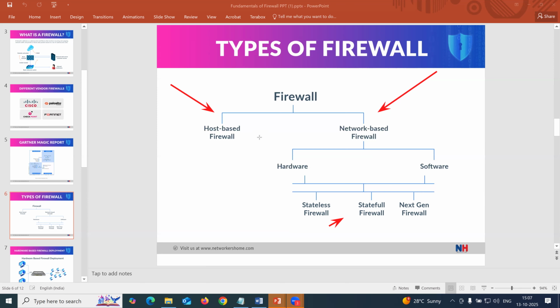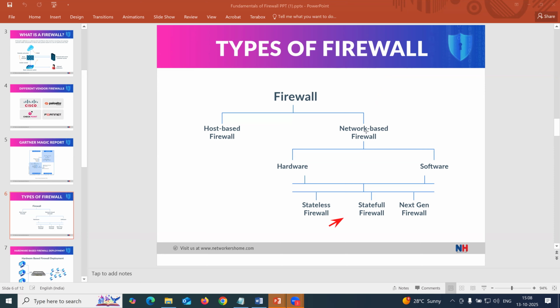Network-based means you deploy a firewall in a network, hardware or software, and that is fixed. Your PC keeps moving from office to home, home to institute, or anywhere. But can you move the firewall which you have in a network? No, you can't.